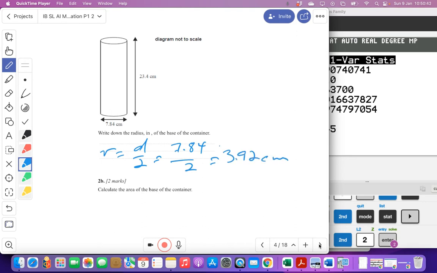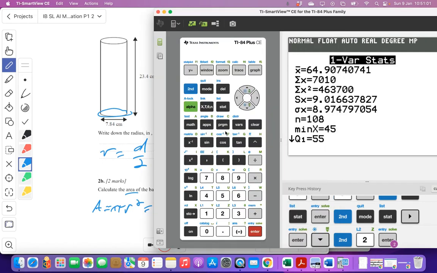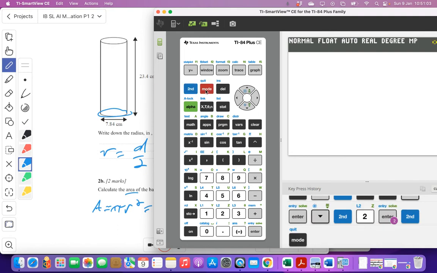Centimeters is the radius. Okay, calculate the area of the base. Well, the base is a circle down here. The area of a circle is on our formula booklet, but we know it is pi r squared. When we do that calculation on our calculator, use the pi key.